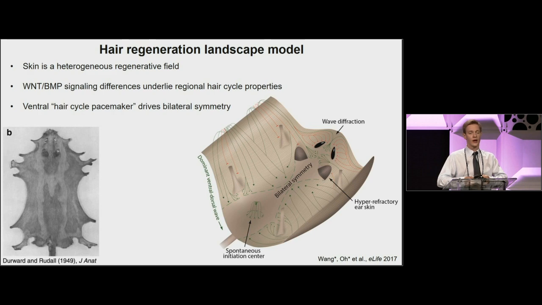And they are primarily underlined by domain-specific differences in the Wnt and BMP signaling pathways that we are just really starting to understand. But one of the key observations is that ventral skin has intrinsically higher Wnt and lower BMP activity levels, enabling it to act as a de facto hair cycle pacemaker for the rest of the skin, at least for part of the mouse's life.